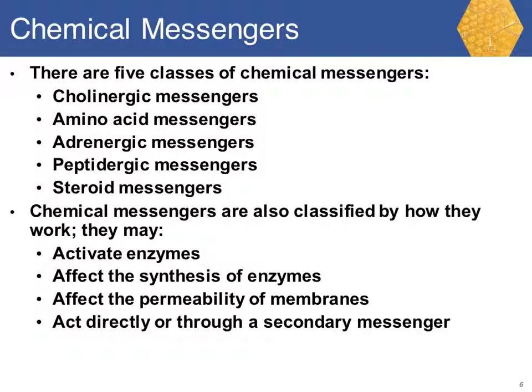But I did want to mention, and I didn't mention it the other day, that it has the opposite effect in heart muscle. In heart muscle, it has an inhibitory effect. There are two different types of acetylcholine protein receptors.